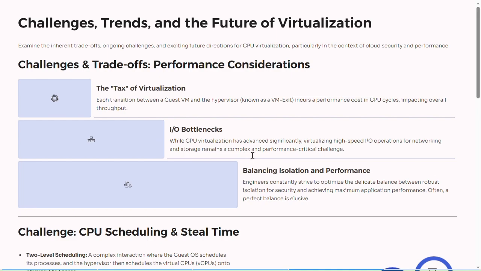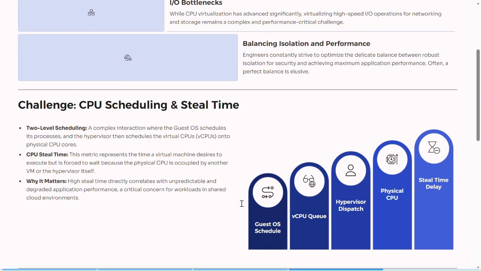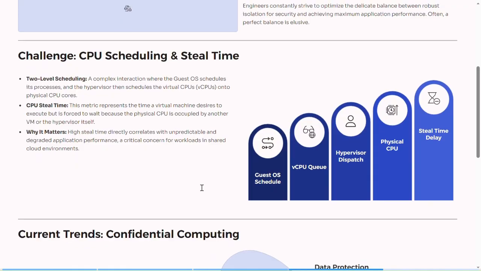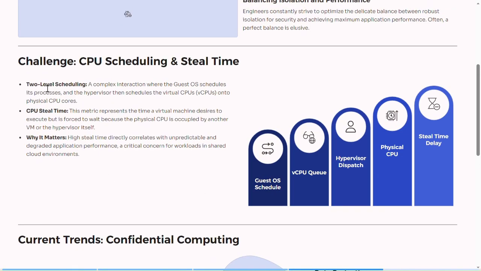Think of it like a tax. It costs a little bit of speed every time. The biggest challenge for engineers is trying to keep things fast while making sure one VM does not mess with another one.